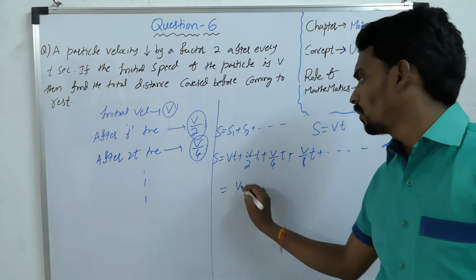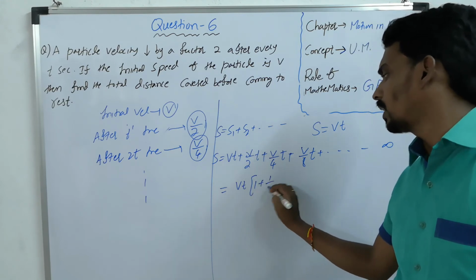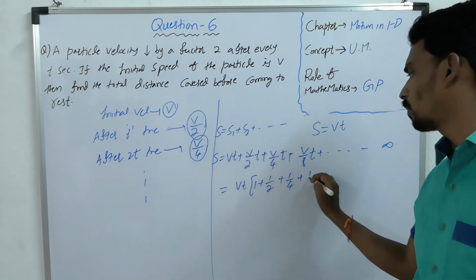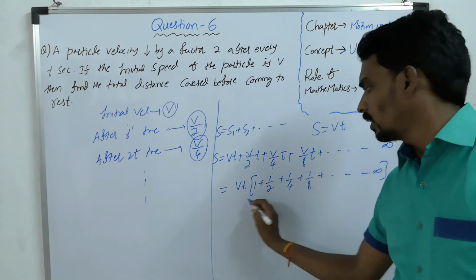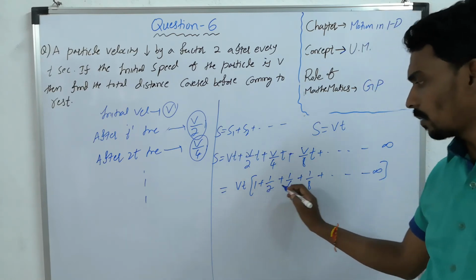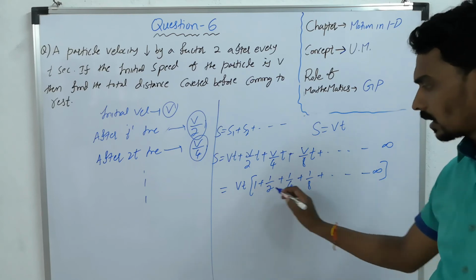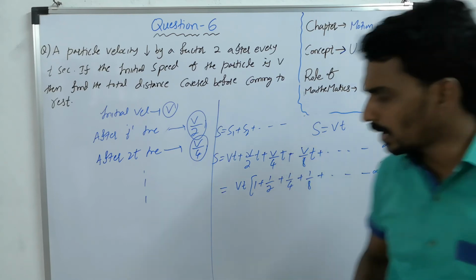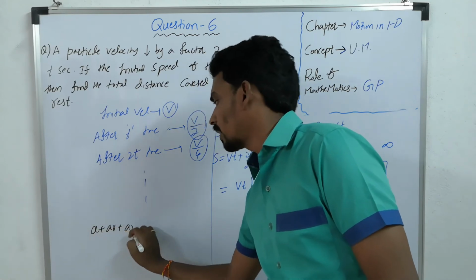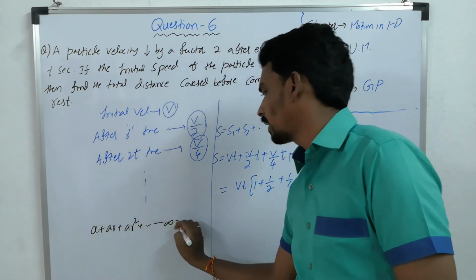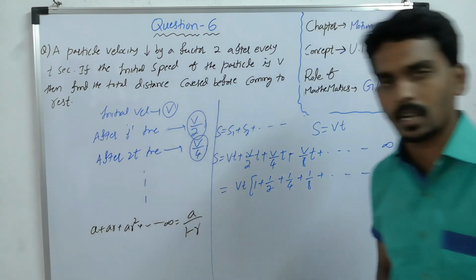If you take vt common, we get 1 plus 1 by 2 plus 1 by 4 plus 1 by 8 plus so on up to infinity. Now here it is a plus ar plus and so on. What is the common ratio here? 1 by 2. Recall the GP formula: a plus ar plus ar square plus up to infinity equals a by 1 minus r.